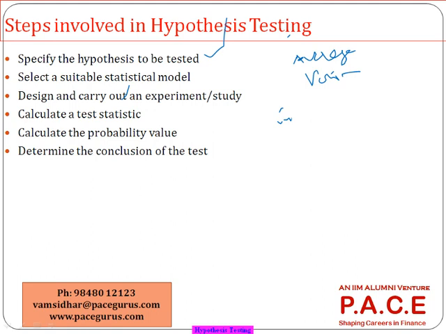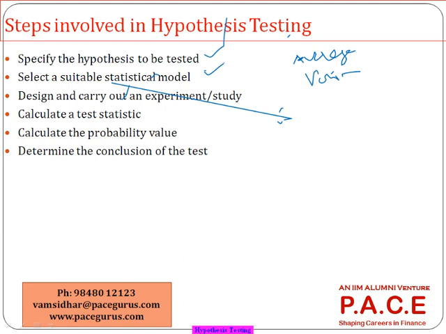So that is what we are calling specifying the hypothesis, whether I want to test the means or variances or standard deviations or proportions. Then select the suitable statistical model. What kind of statistical model needs to be used for that? Do I need to go with a discrete distribution or a continuous distribution? Or any specific probability distribution that I need to look at?